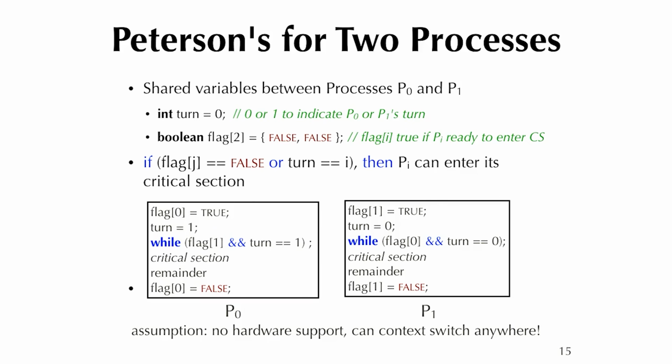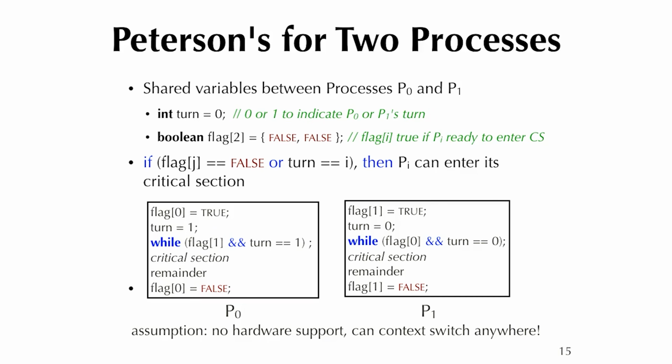It enters its critical section, and when P0 is done, it sets its own flag sub 0 to false. So that's a simple mechanism using two control variables to achieve the effect of a critical section. It allows context switch anywhere, anytime.